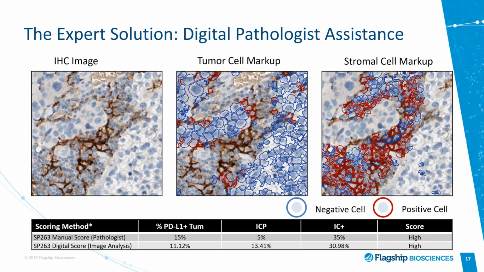You can see that the digital IHC image is processed, and there is a tumor cell markup for positive and negative cells, with positive cells being red and negative cells being blue, and then a stromal compartment markup, again with red and blue for the positive and negative cells respectively.